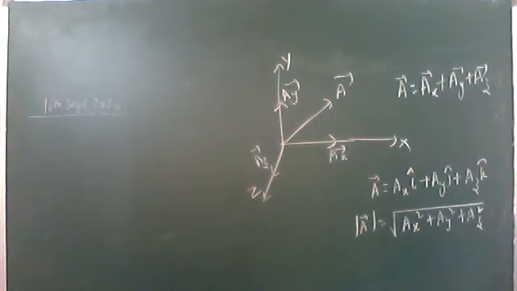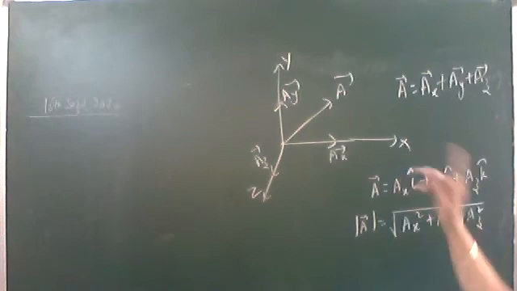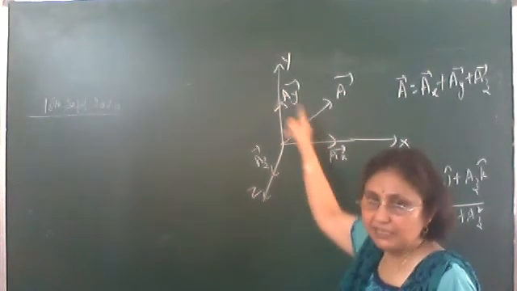Write down, copy it down as such. Okay, here also we can prove cos square alpha plus cos square beta plus cos square gamma is equal to 1, if A is making angles alpha, beta, gamma with x-axis, y-axis, z-axis.